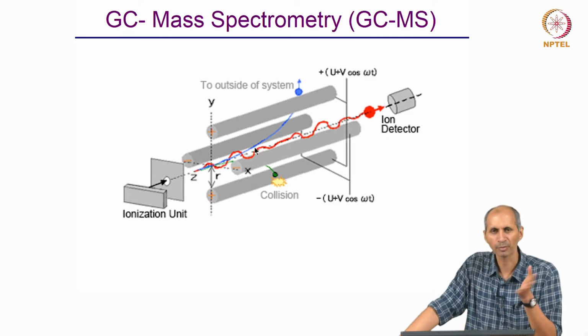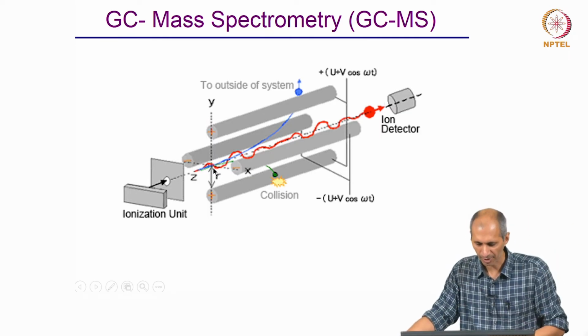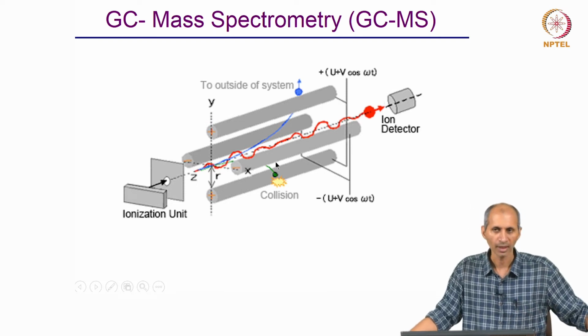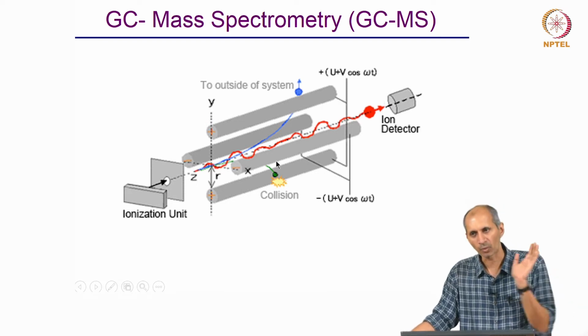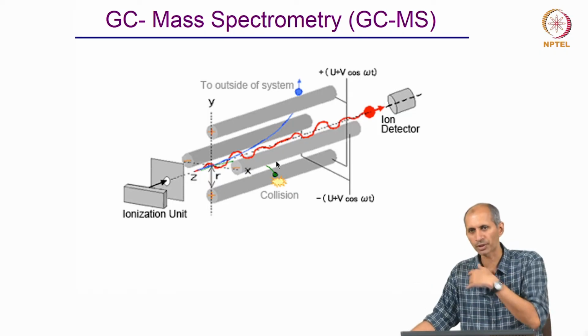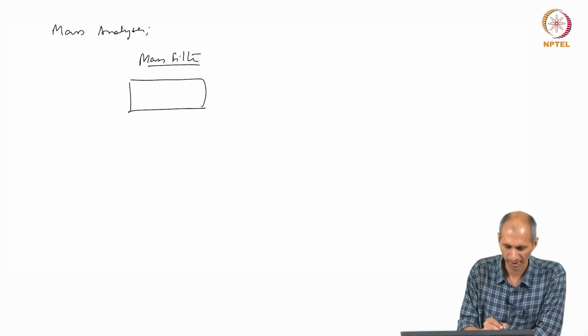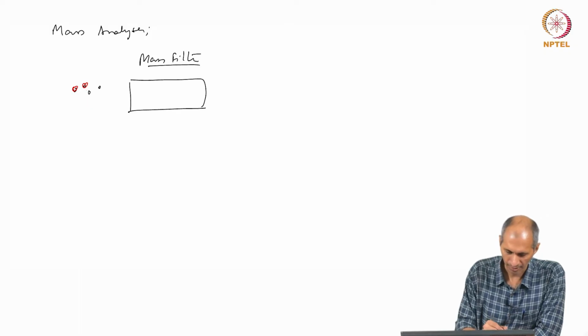What it does is it pulls, there is a trajectory. Some of the things that have a certain mass, it is programmed to allow one mass to go through, and the rest of it is pulled out. It is also called a mass filter. Let us assume that it is like a mass filter, you do not worry about the details of it. There are several m by z values, let us give different colors to them. These are some reds, some green fragments and some blue fragments.